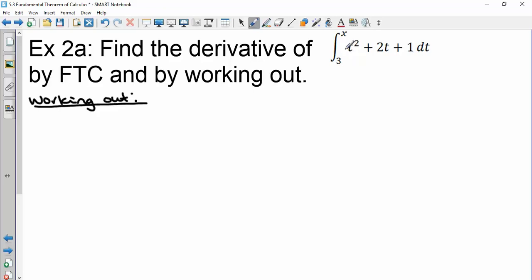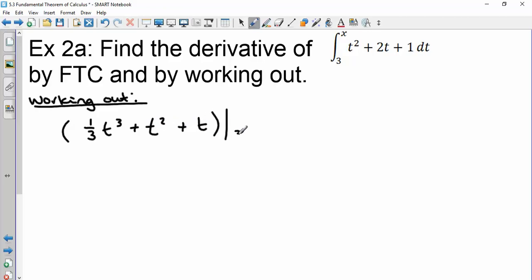So I want the derivative of this. First we would do the integral piece, right? The antiderivative. So the integral would be 1/3 t cubed plus 1/2 times 2 would give me a 1t squared plus t.